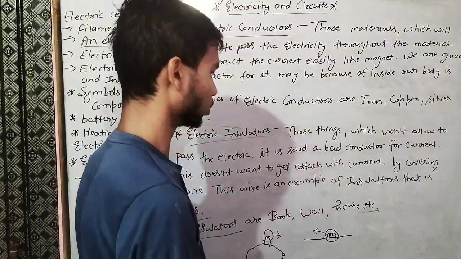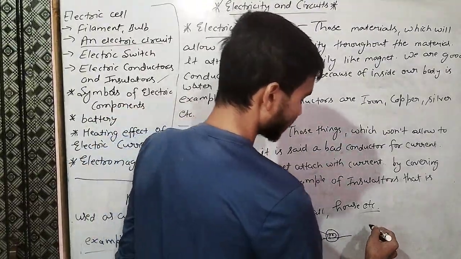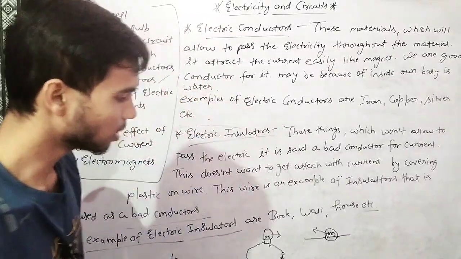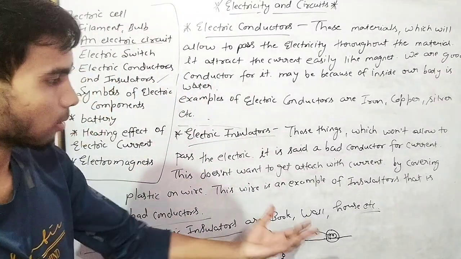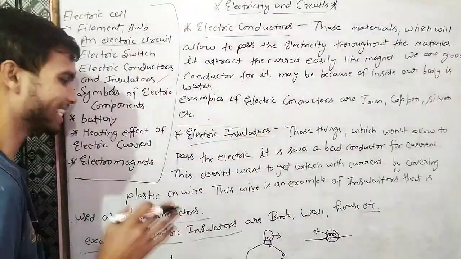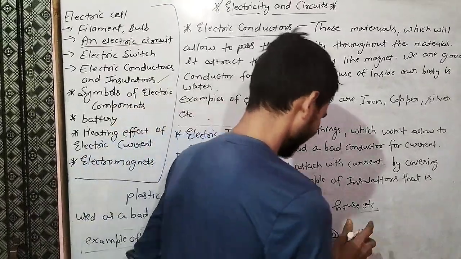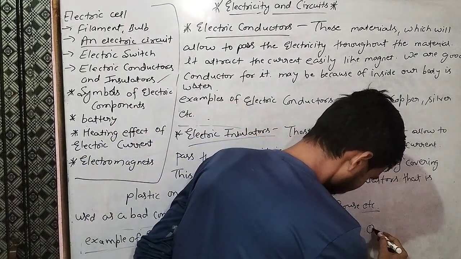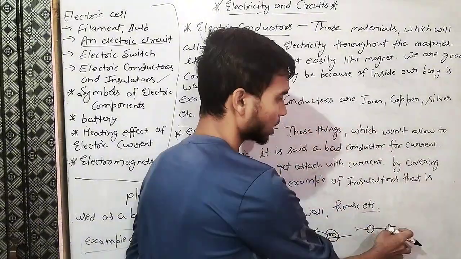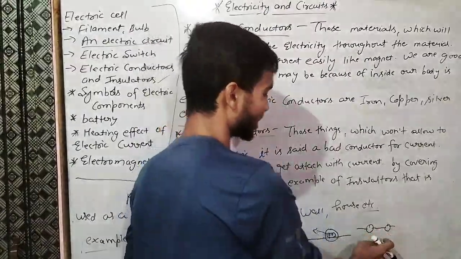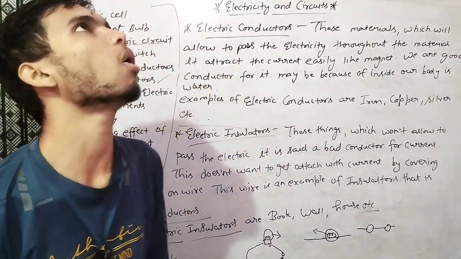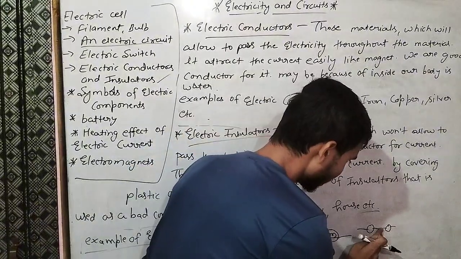switch in off and on position. So here this is an electric switch. Now this is in on position. This is one wire, this is the second wire.